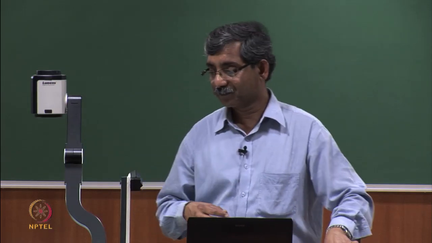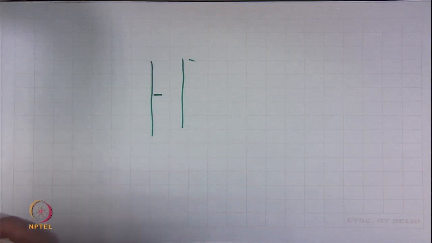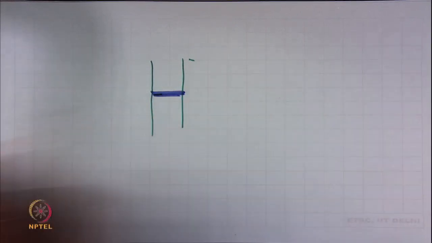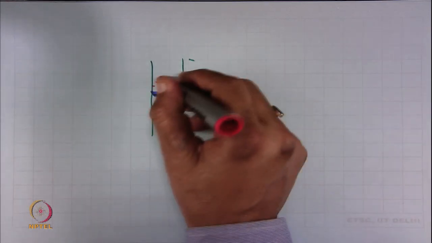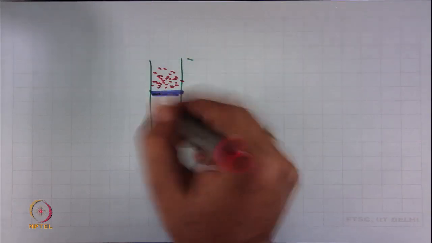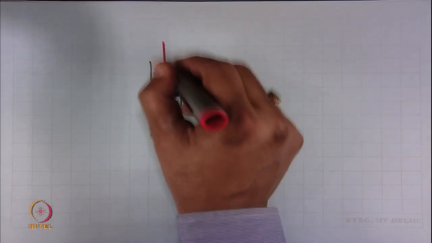in this measurement system, this is the vertical orientation of pipe. Here we have the filter medium and the dust particles are coming, this is the upstream direction, and after that this is the downstream direction.